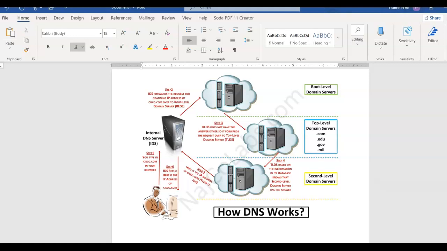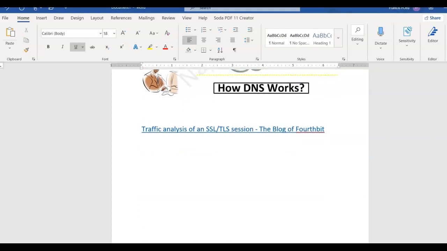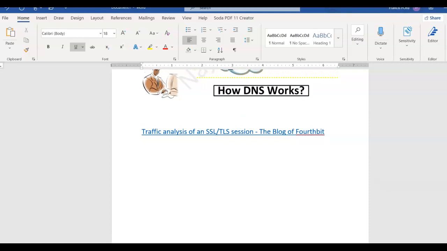Unfortunately, in Wireshark, we don't see most of this. This is sort of under the covers. We don't really see what's going on. All we see is the first request. So that is what DNS is about. Now I'm going to go over now to the homework that I made up.